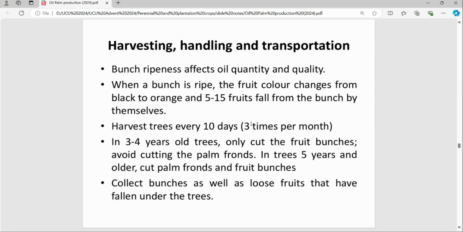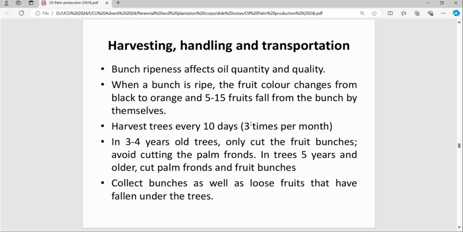In the younger plants, which are 3 to 4 years, you only catch the fruit bunches, but when they are above 5 years, and when you're cutting the bunches, you're also supposed to cut the leaves that are supporting the bunches.